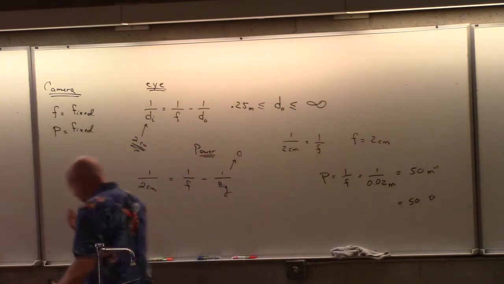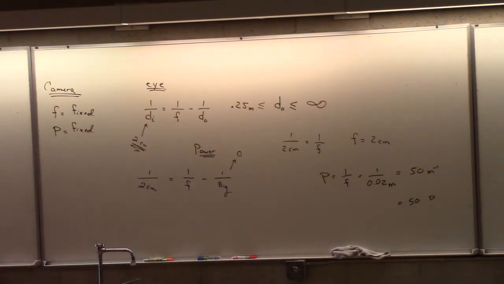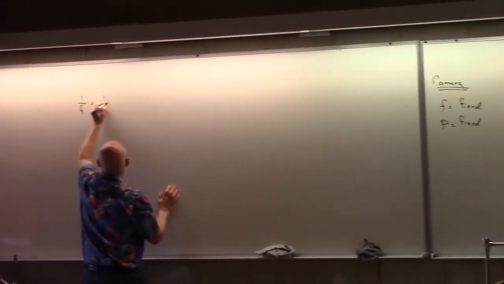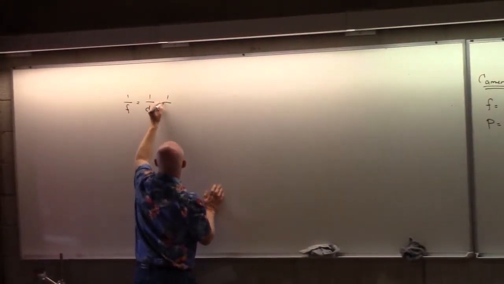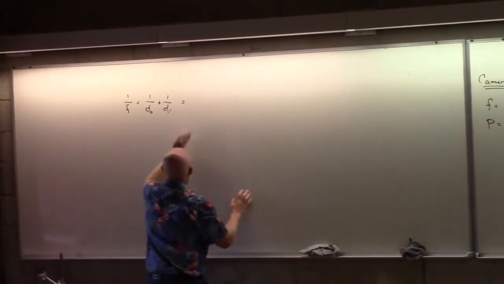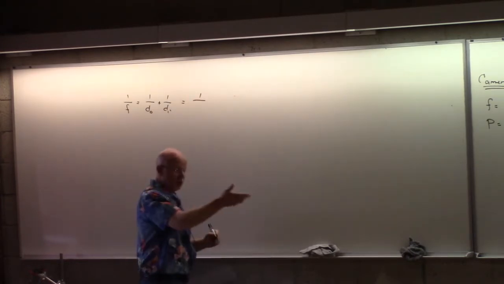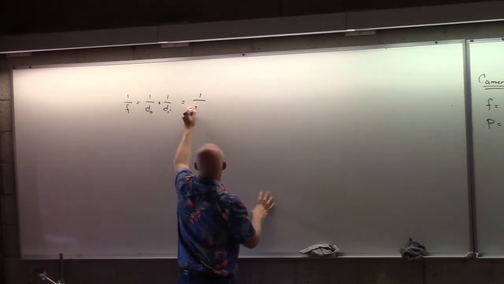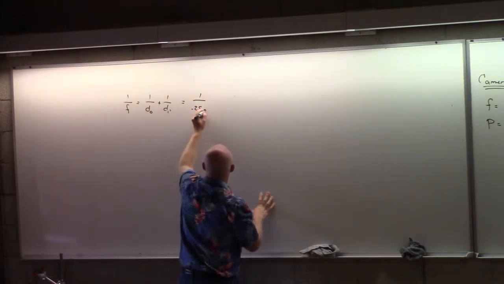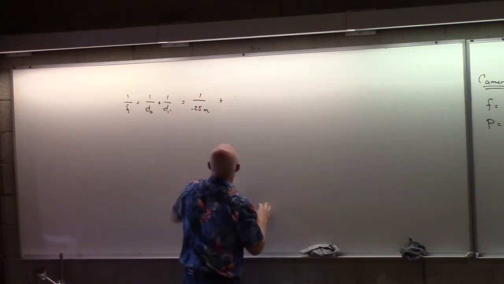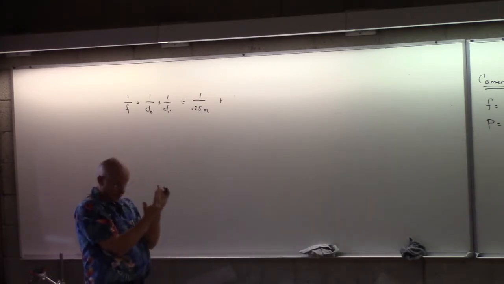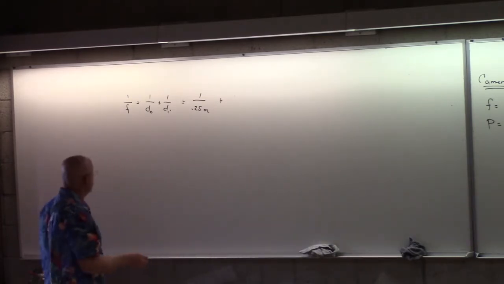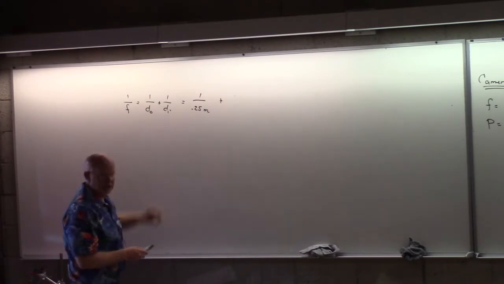So doing this same equation, I would say 1 over the focal length is 1 over the object distance plus 1 over the image distance. And so now I'm going to put something, and I'll go ahead and use meters, 0.25 meters in front of me. So maybe I'm reading a book. And so that's the object distance.